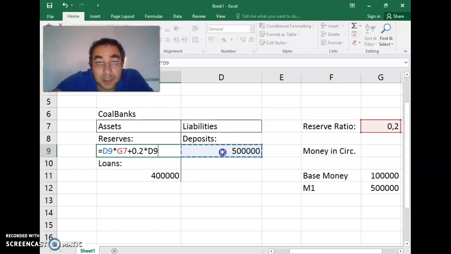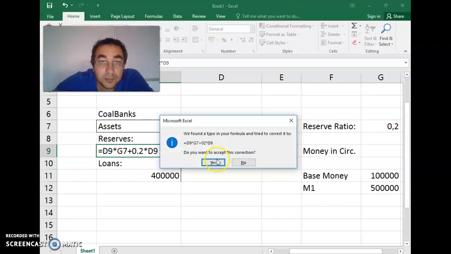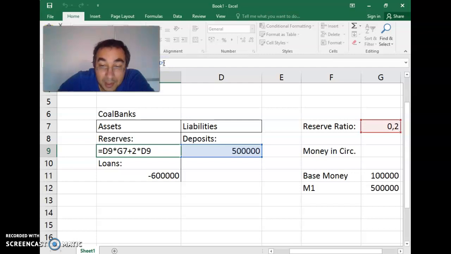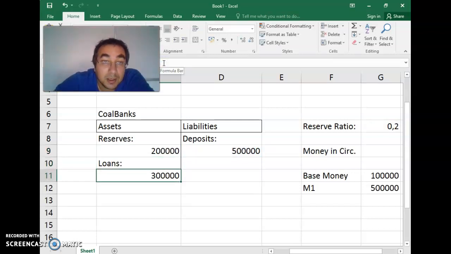And it can lend all of this additional 20%. So this amount should be $400,000 plus this additional 20%.